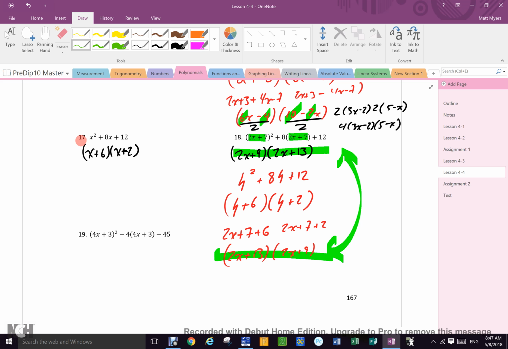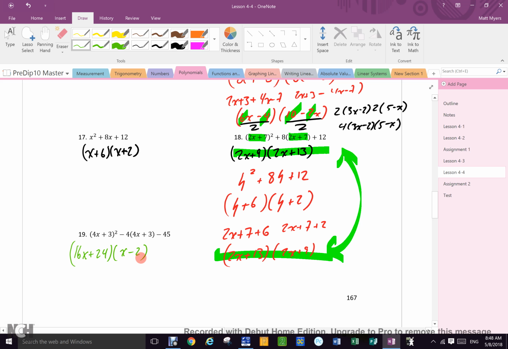Surprise, surprise. I don't think I got it right. It's wrong. 16x plus 24 is x minus 2.